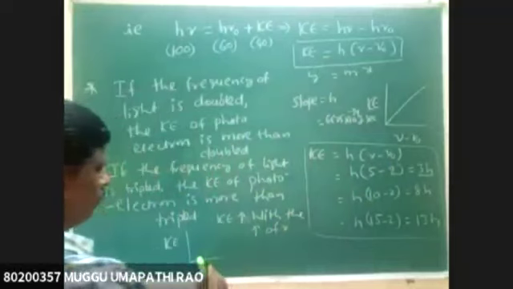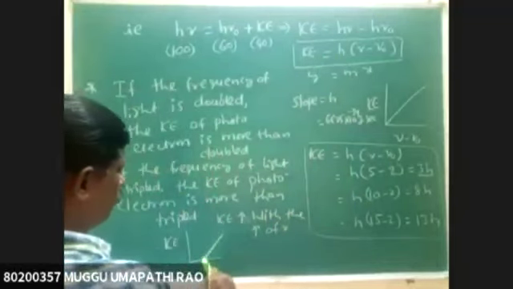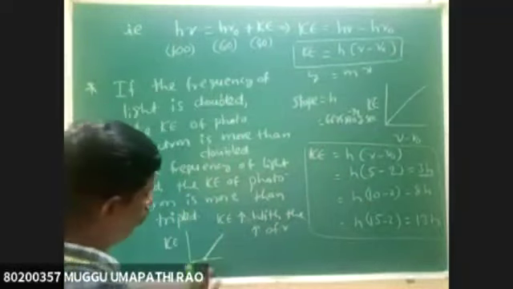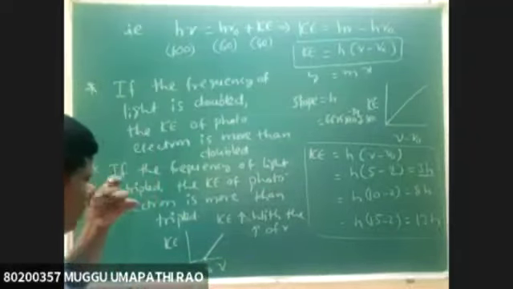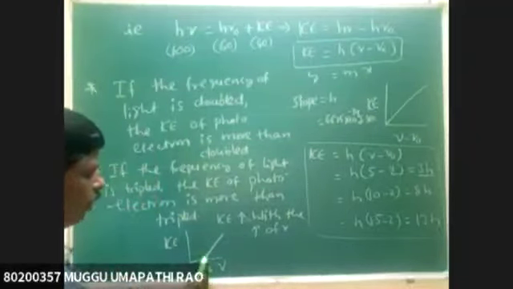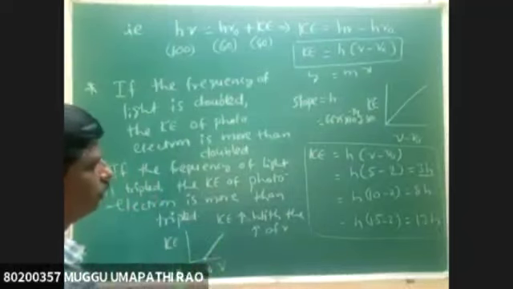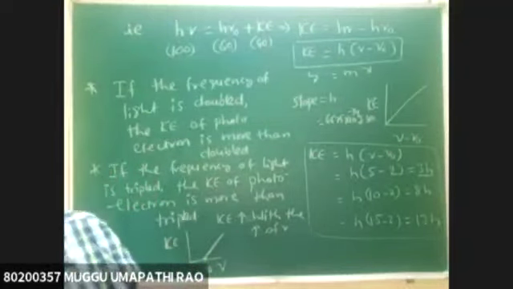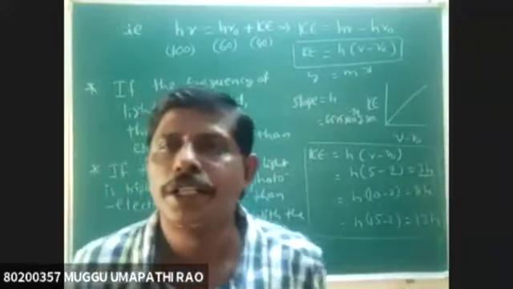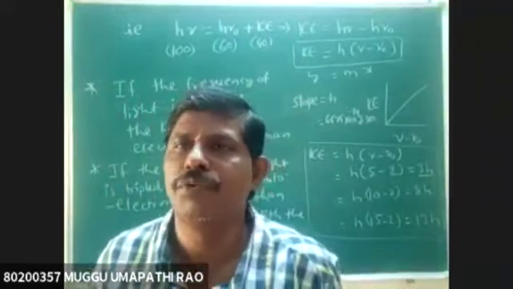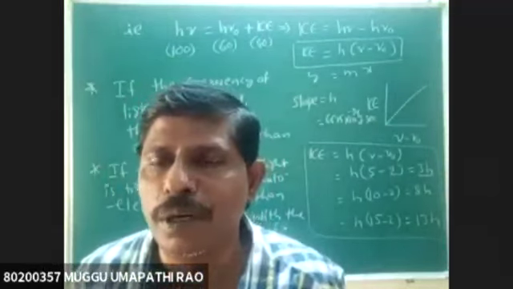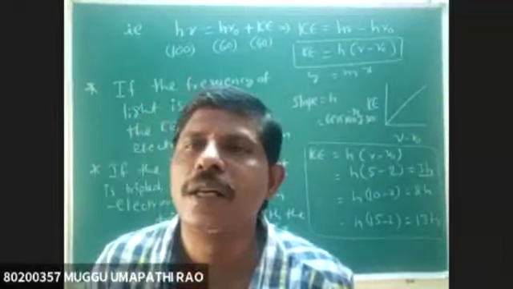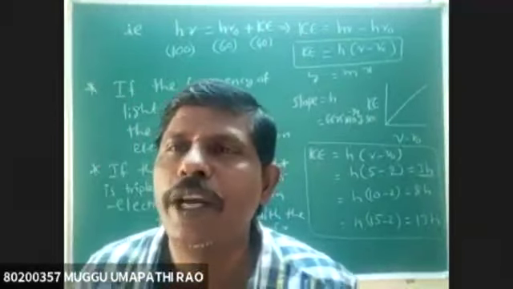Am I correct? So let us start from here. This first point is called ν₀. Threshold frequency means the starting point. The graph will be like this. So what I am saying is, kinetic energy depends upon the frequency of light. If frequency is double, kinetic energy is more than double. If frequency is triple, kinetic energy is more than triple.